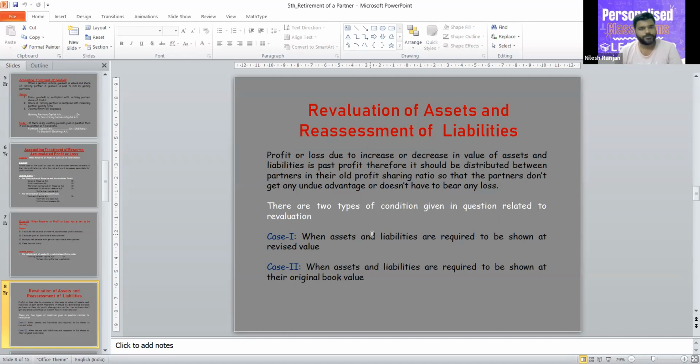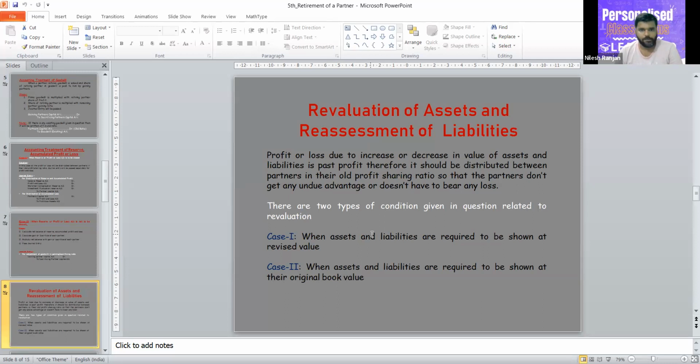Profit or loss due to increase or decrease in value of assets and liabilities is past profit. Therefore, it should be distributed between partners in their old profit sharing ratio so that the partners don't get any undue advantage or don't have to bear any loss.